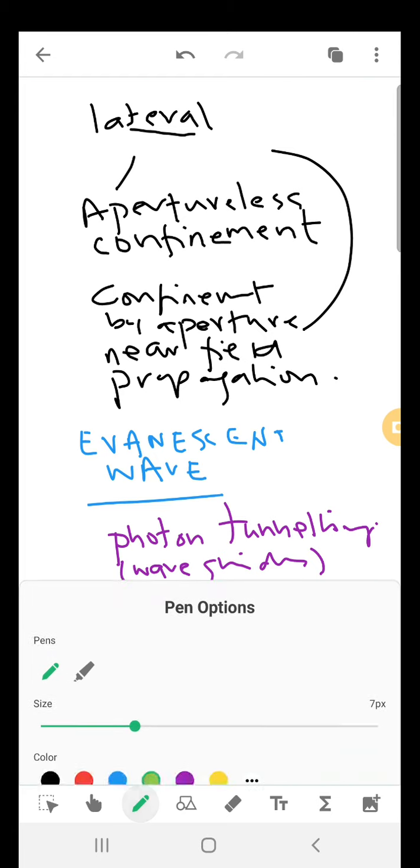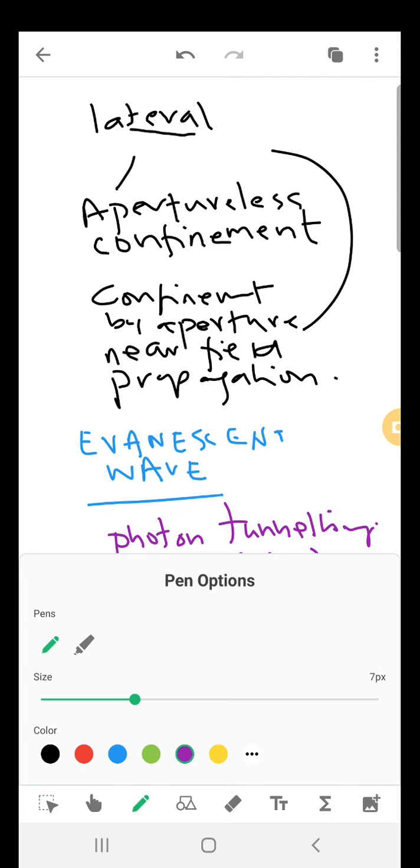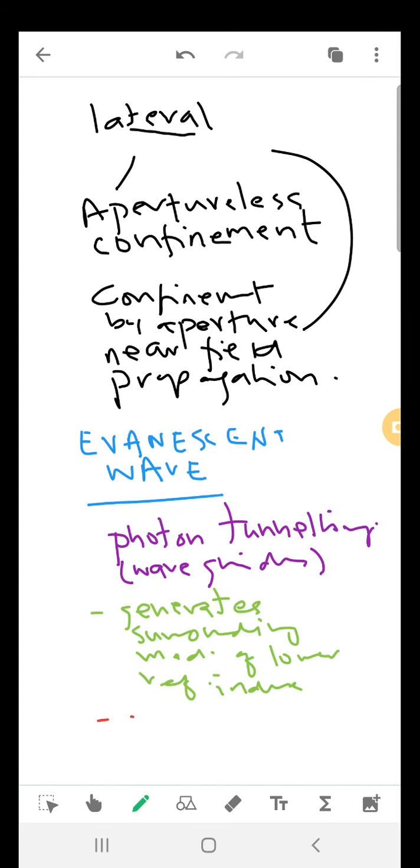So there is an exponential decay also associated with it.